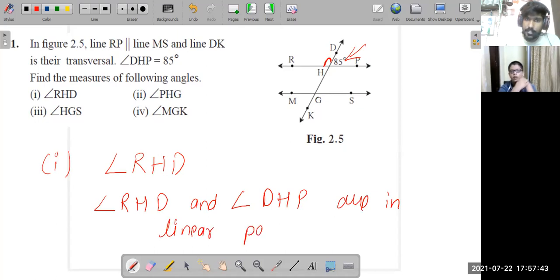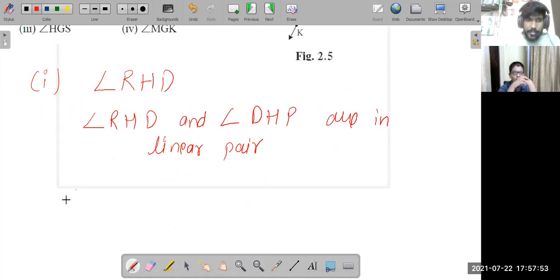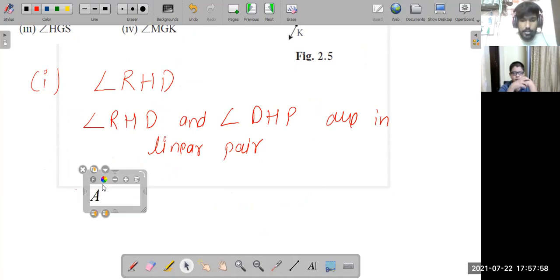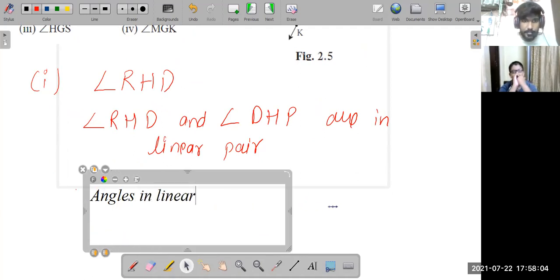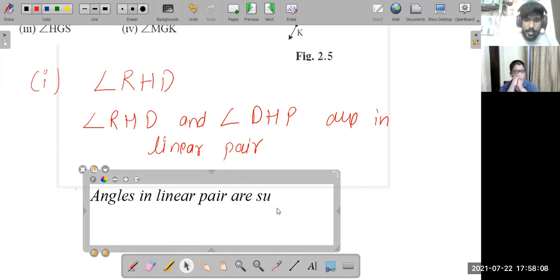These two angles are in linear pair. And as we know, angles in linear pair are supplementary.